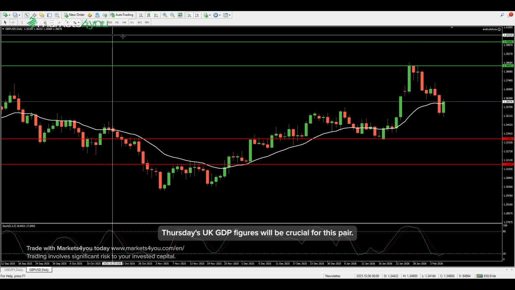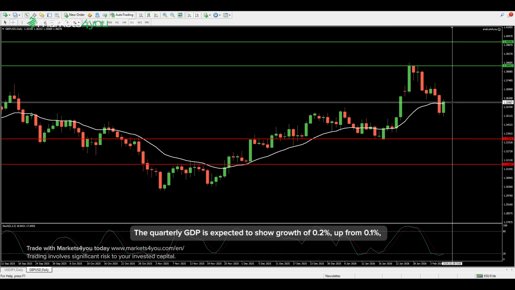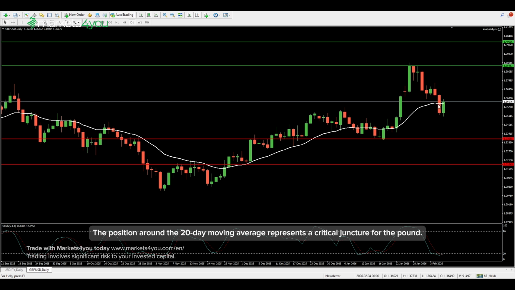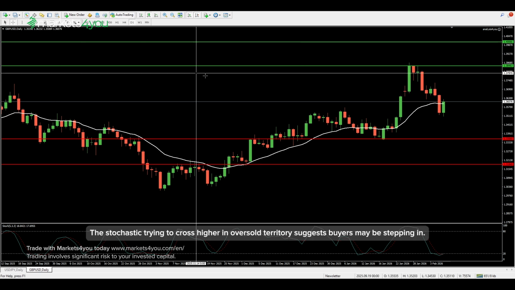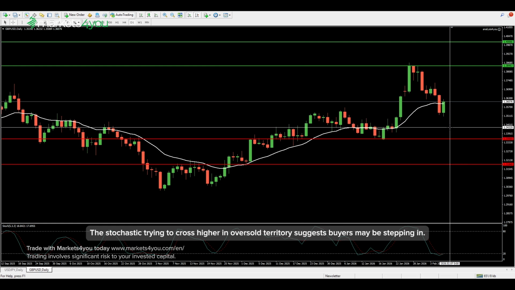Thursday's UK GDP figures will be crucial for this pair. The quarterly GDP is expected to show growth of 0.2%, up from 0.1%, with the monthly GDP expected at 0.1% for December. The position around the 20-day moving average represents a critical juncture for the pound. The stochastic trying to cross higher in oversold territory suggests buyers may be stepping in.